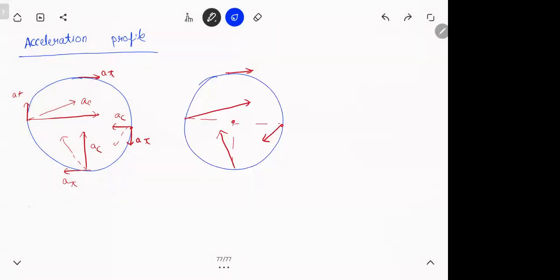So in a non-uniform circular motion, acceleration changes in magnitude and direction.